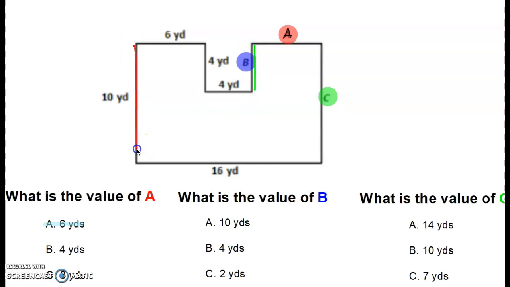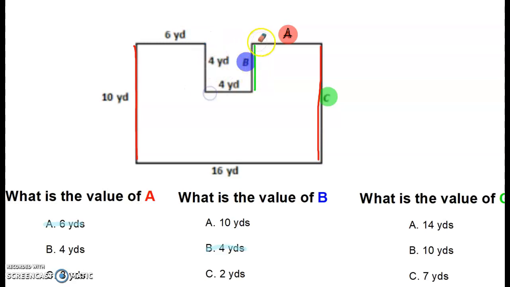So we're going to use our vertical lines to compare. Now this one's a little bit unique, because when I look at the red lines in comparison to the green lines, you should realize that this red line here is exactly the same length. So for B, it's an easier call as far as its length. Its length is going to be 4, the same as the side directly opposite to it.